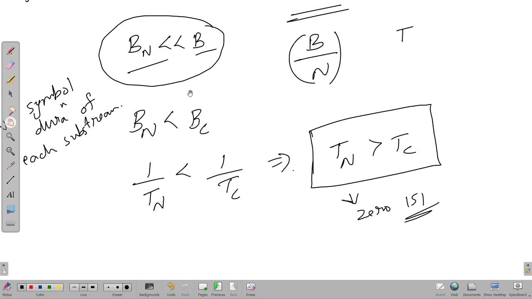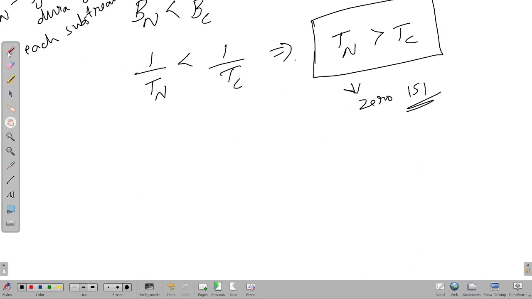And that's an interesting point. What happens in a single carrier and multi-carrier in the time domain? In single carrier, the signal transmission happens in very short pulses. Okay, you have very short duration pulses.